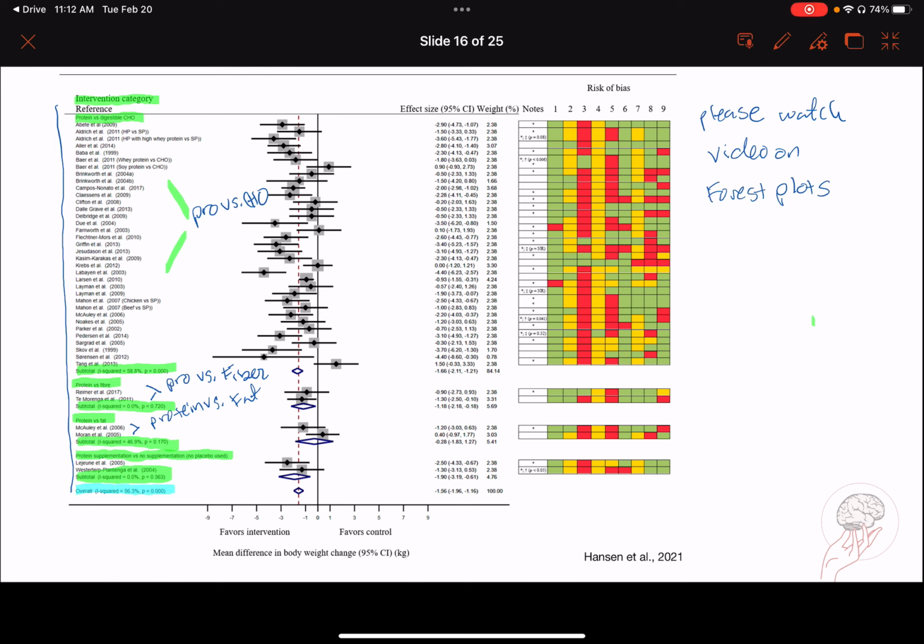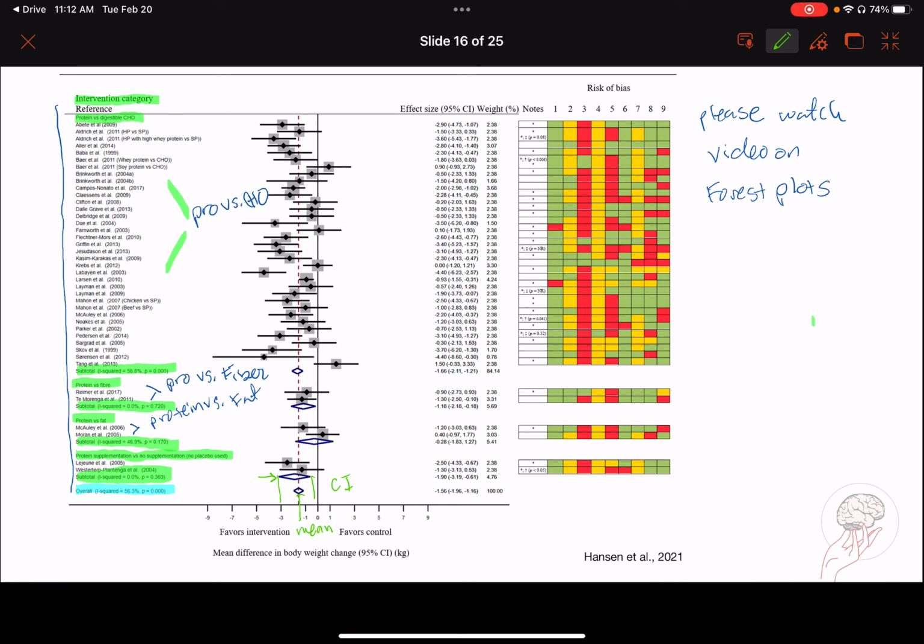And these totals are associated with these diamonds. The ends of the diamonds are the confidence interval. The middle of the diamond is the mean. And in this case, we're looking at a difference of means.